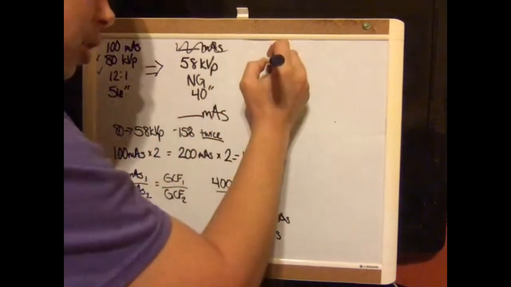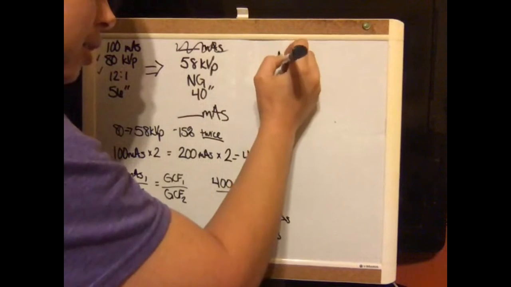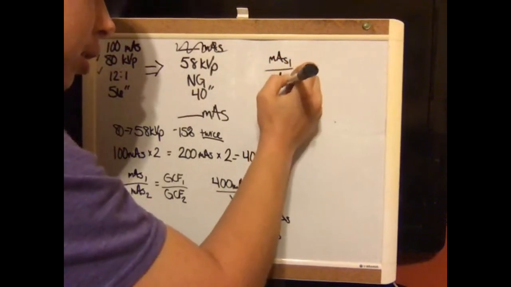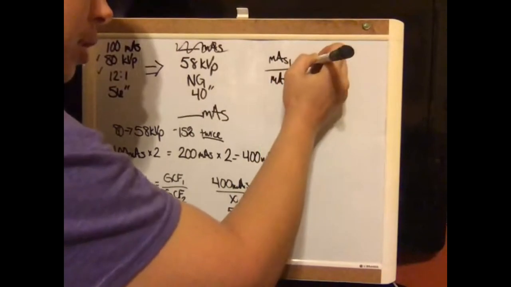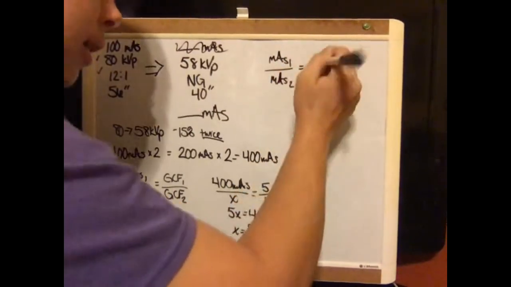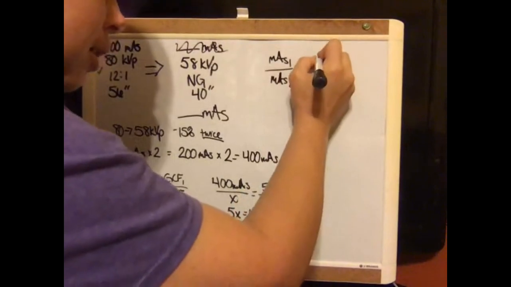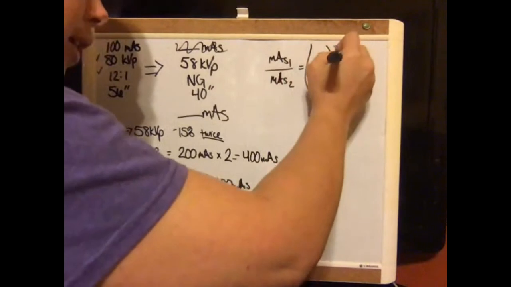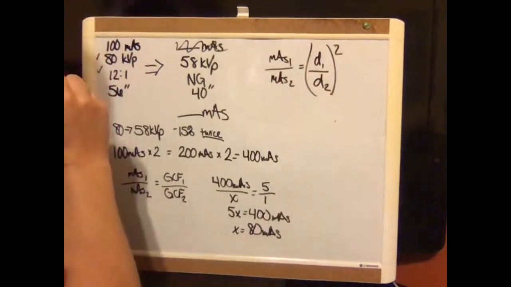So we're going to use mAs 1 over mAs 2 is equal to distance 1 over distance 2, squared. The square matters.